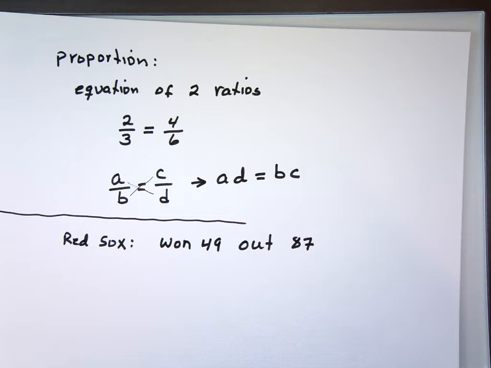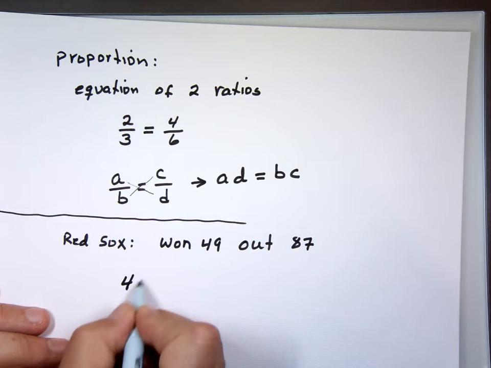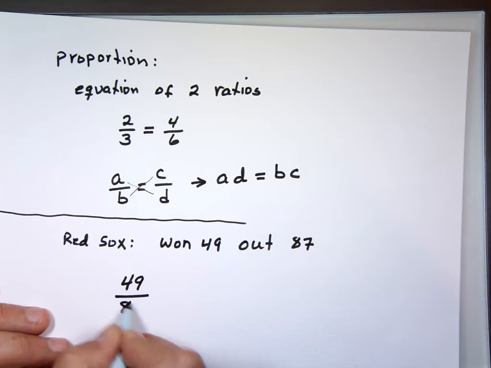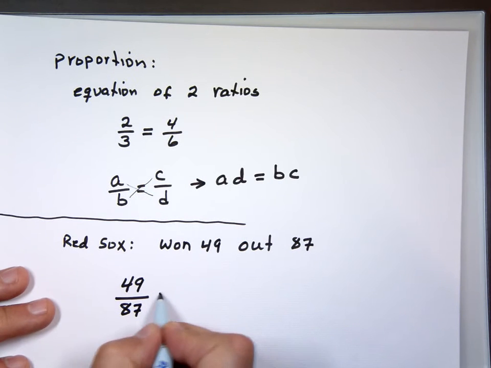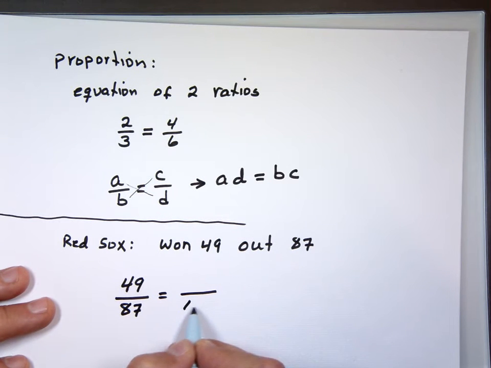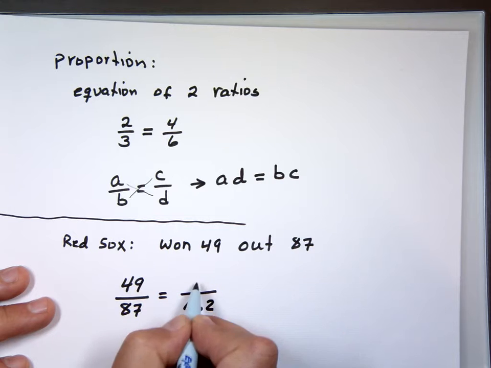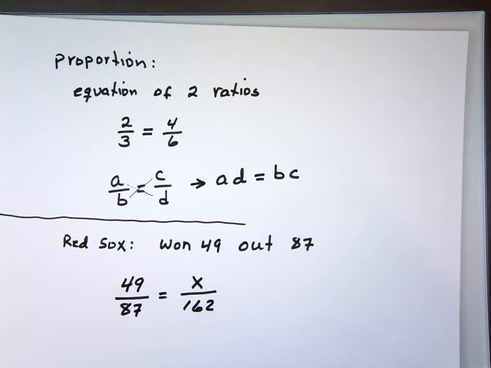Well, the entire season has how many games? 162. So if they keep the same pace as this ratio, 49 out of 87, that's their percent win basically, and the season has 162 games, how many wins do we expect the Red Sox to have if they keep that pace?